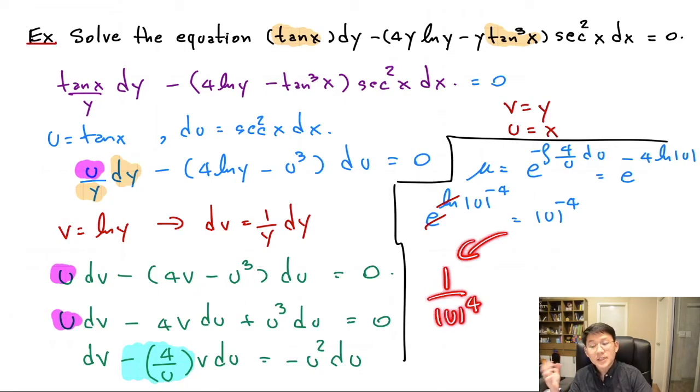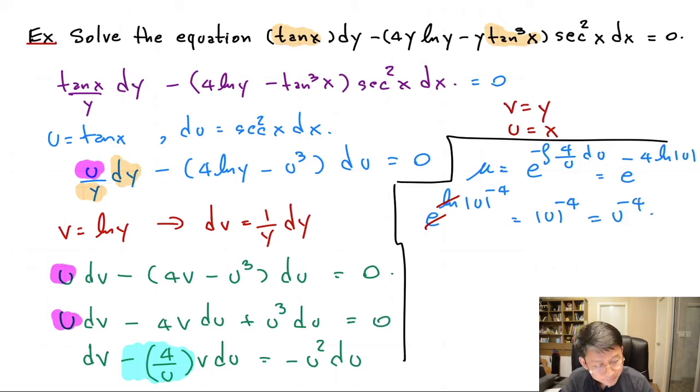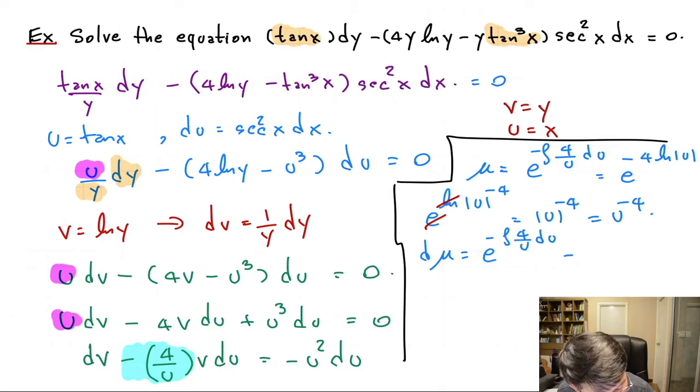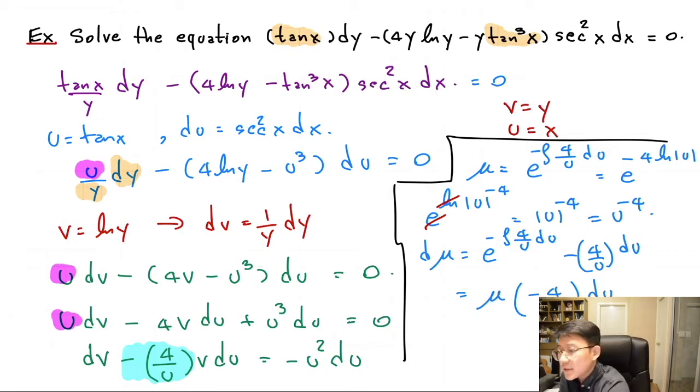If it's to the 4, it's always positive, so I can remove the absolute. Okay, so I get u to the minus 4. And again, mu would be e to the integral of minus 4 over u du, which is mu times minus 4 over u du. Okay, that will be the integrating factor.